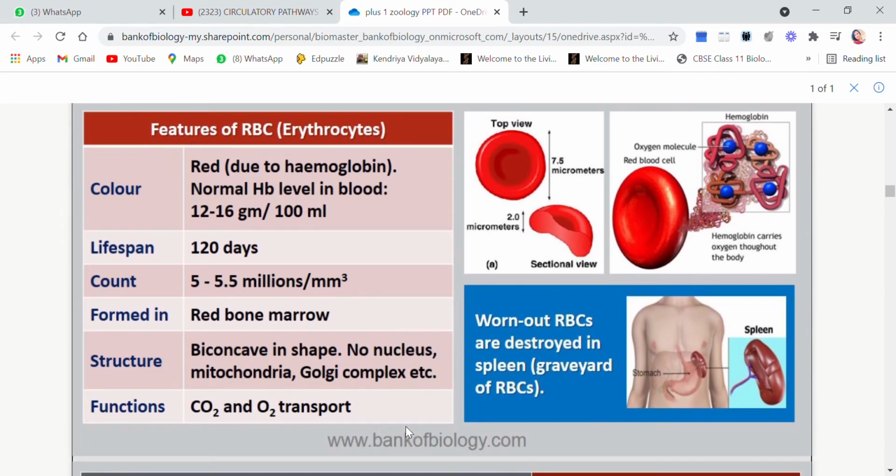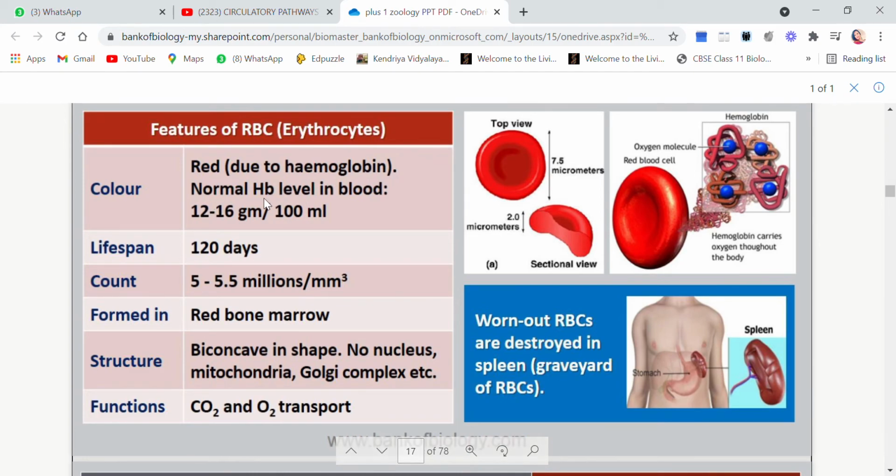So, features of erythrocytes or RBCs. Color: we all know that the name itself tells us that they are red in color, and this red color is due to the presence of hemoglobin, a pigment which is present in the RBCs.